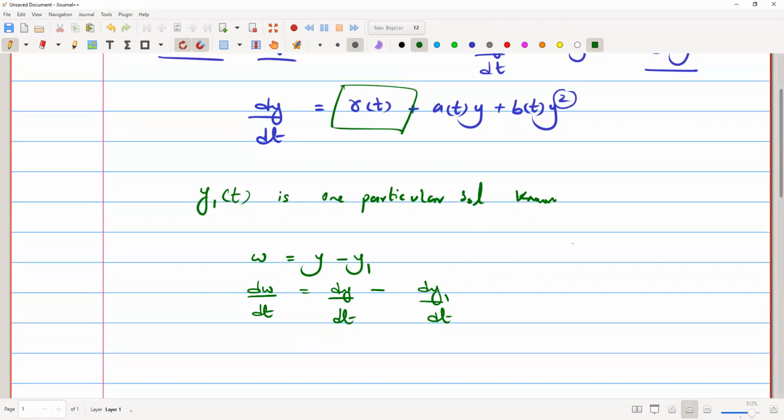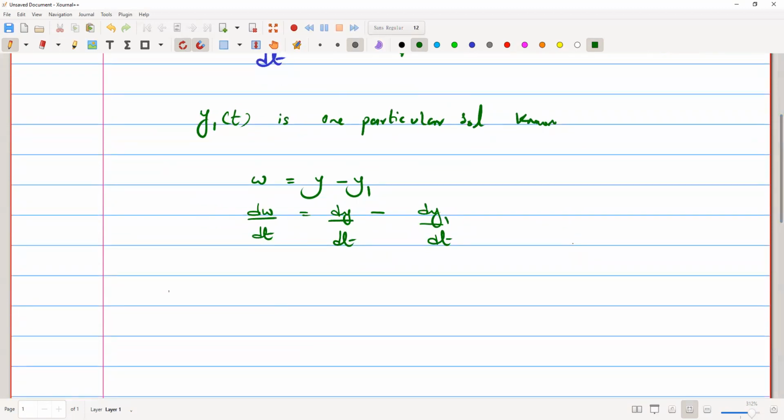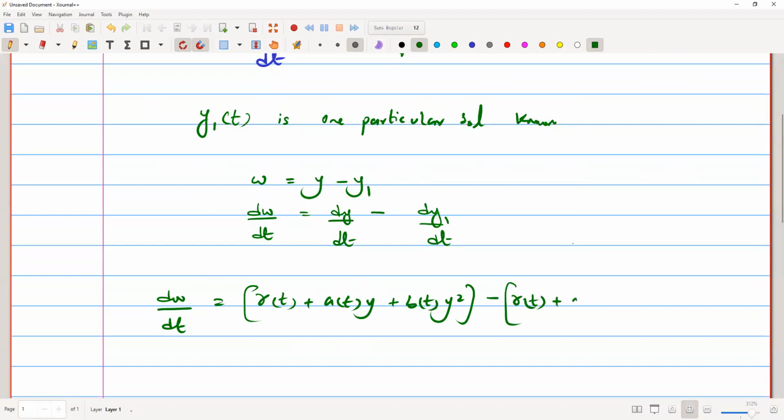So we can substitute: dw over dt equals, for dy over dt we can write r of t plus a of t times y plus b of t times y squared. And for dy1 over dt, we can simply write in this form, r of t plus a of t y1 plus b of t y1 squared, right?